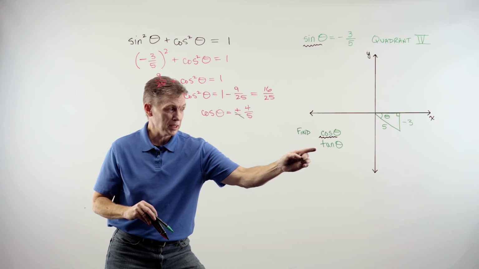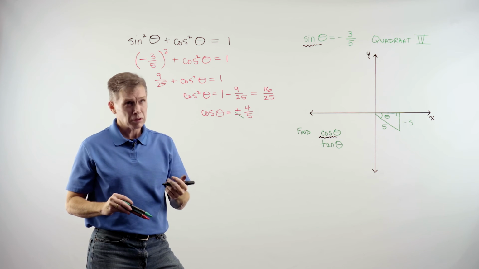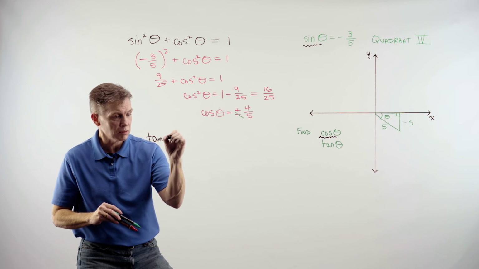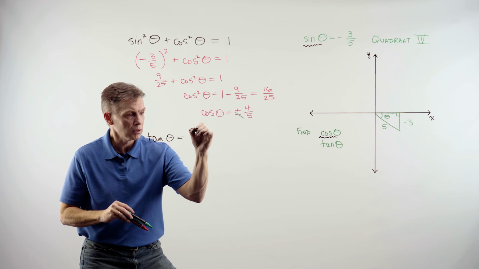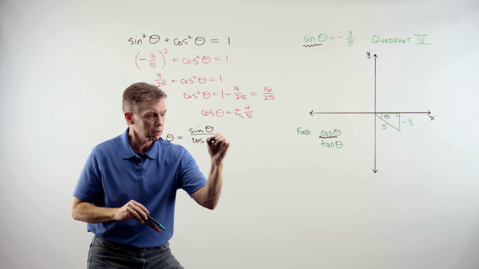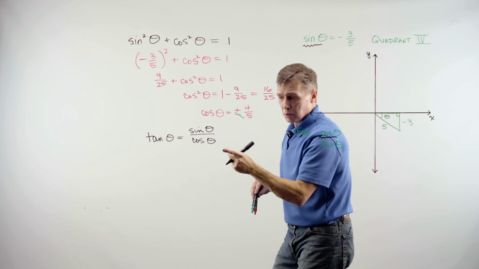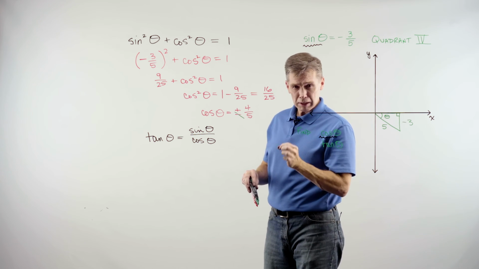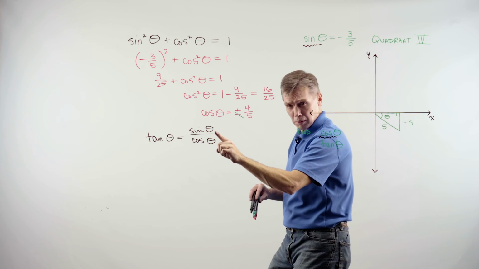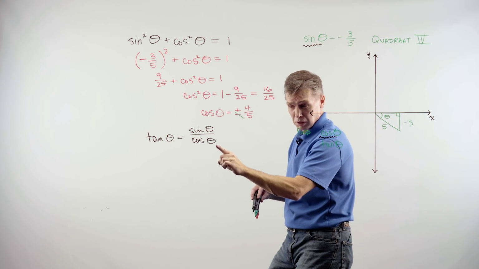They also asked for the tangent of theta, and what I'm going to use for that is another one of our identities. Tangent of theta equals sine of theta divided by cosine of theta. Remember that identity, all right? With this identity, we have the given pieces of the puzzle that we need. We've got the sine of negative 3/5 that I'll put up in the numerator, and we just figured out the cosine of positive 4/5 that I'll put in the denominator.